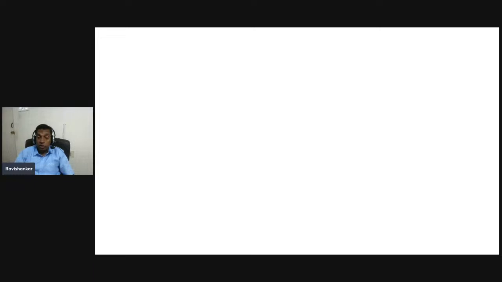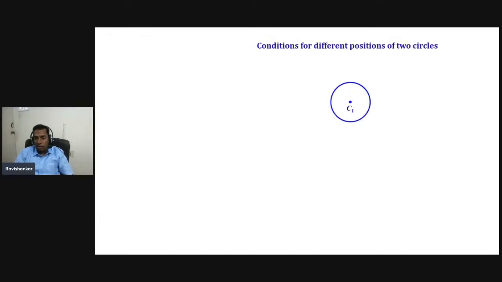Okay, so positions of two circles is something that's included in your JEE Main portion. So this is there in the skill builder. The common tangents part alone I'm not emphasizing.